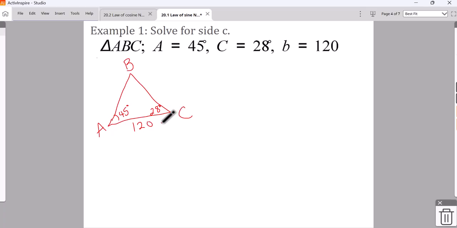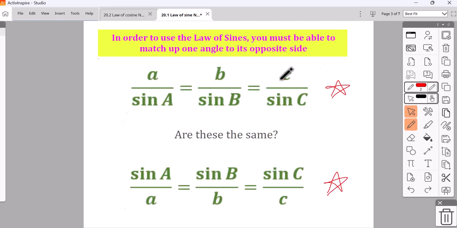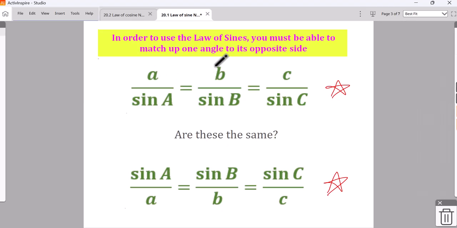In order to use the law of sines, you cannot have all the sides, and you cannot have all of the angles. You need at least one matched set, a side and its matching angle.